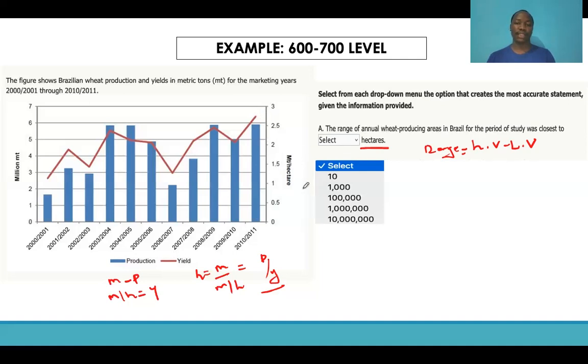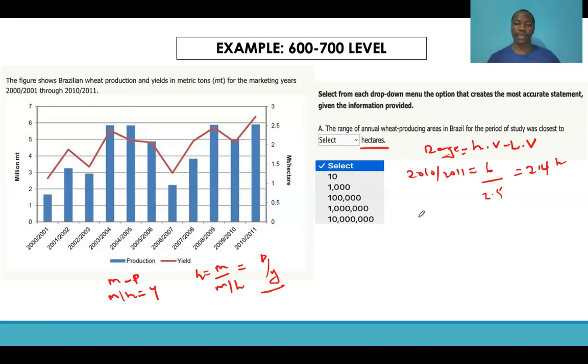To get the hectares in 2010-2011, production is approximately 6 million tons over our yield, which is approximately 2.5. A quick calculation gives us 2.4 million hectares.